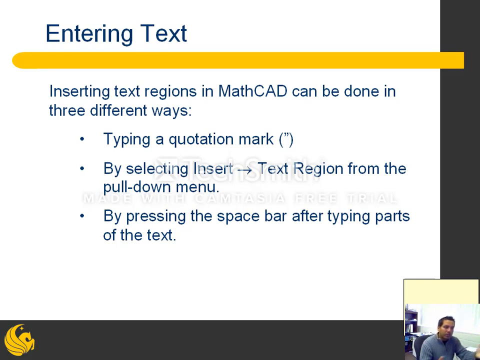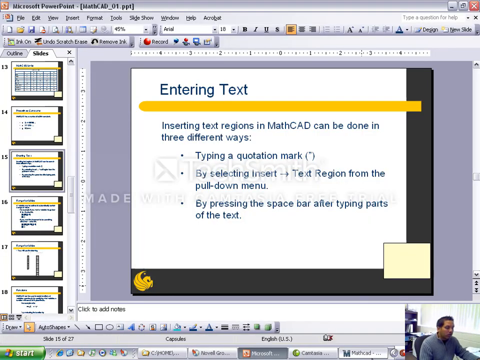Say you're trying to make a report out of this scratchpad and organize it nicely and neatly, then you just type text wherever you want to. You can do so by using the double quotation mark. You can go to Insert Text Region from the pull-down menu, or you can do so by pressing the spacebar after typing anything on the pad.